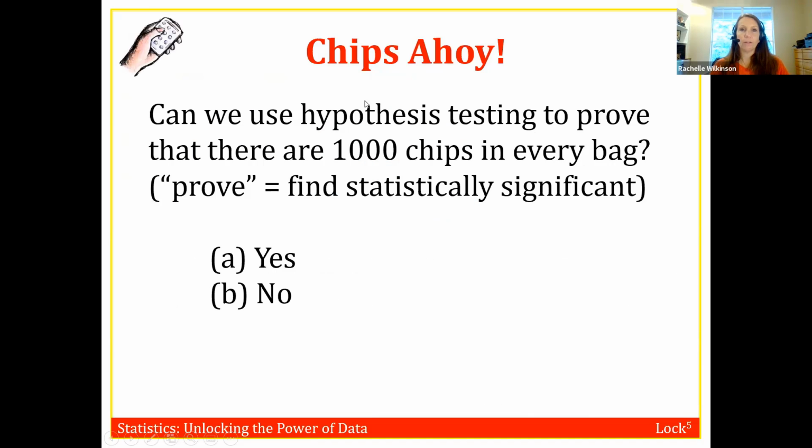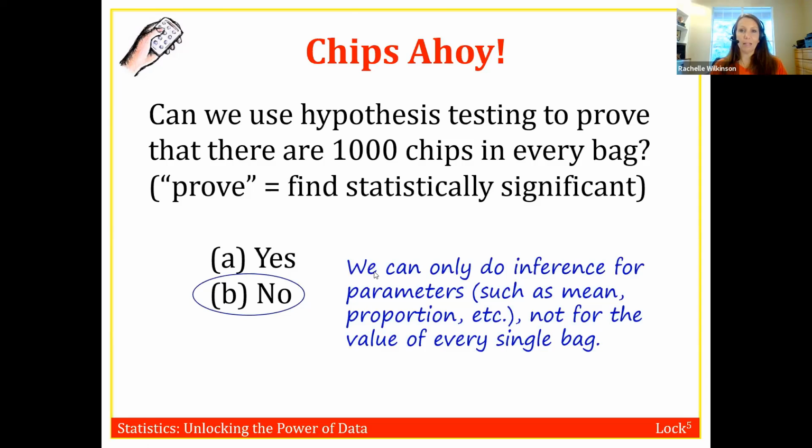All right, so first a couple questions. We'll answer these in our poll. Can we use hypothesis testing to prove that there are 1,000 chips in every bag? The correct answer on this one is actually no, we can't. It's a little bit of a trick question though. So if you're one of the majority that got this one wrong, you don't have to feel too bad.